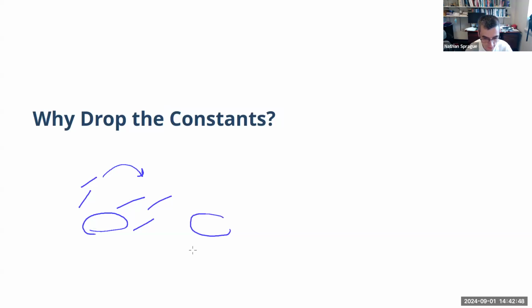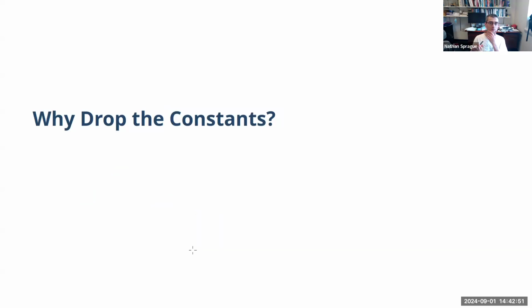Let's take a second to try to figure out why that rule intuitively might make some sense. And to do that, let me show a couple of quick demos. Here we go.